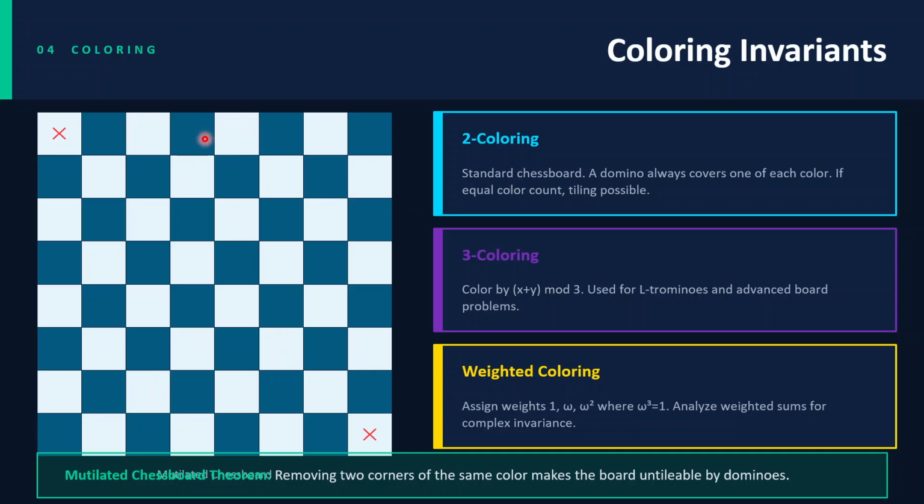Let's go for coloring invariants. This is where things get interesting. Coloring: you take a standard chessboard, you color two similar pieces, then you might be able to find the invariant, but I would prefer the best way, which is to color a whole column or row, or else you can color four squares like that. If you color a whole column or a row, you'll lose four white pieces and four black pieces.